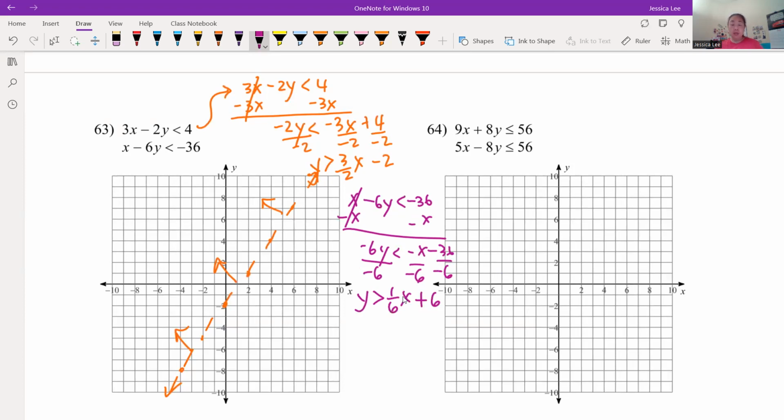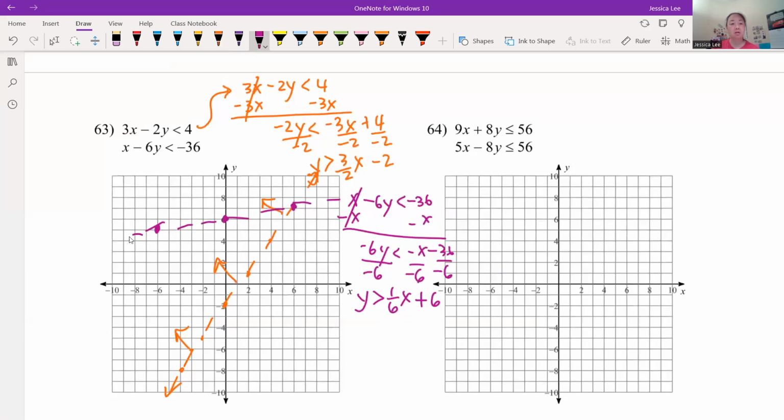And again, remember, this is not a slope of 6, it's a slope of 1 over 6, because 6 is on the denominator. It's on the bottom. All right, so our y-intercept is 6. Our slope is 1 over 6. Look, that's where they intersect a little bit. And this is also going to be dashed.